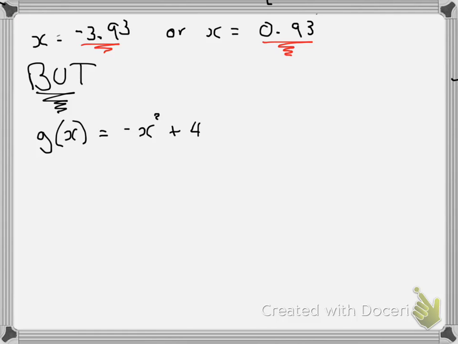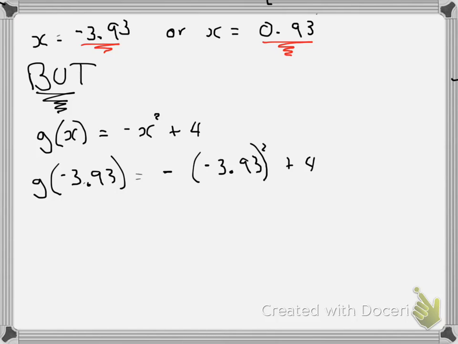So this time what I want is g of negative 3.93. And what it means is negative of negative 3.93 squared plus the 4. And when I do that, I end up with 11.46.